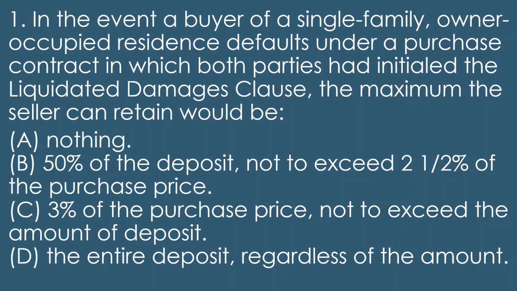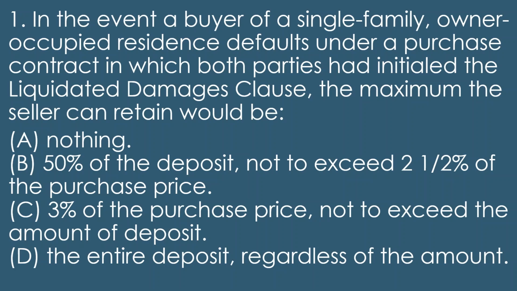Well, what do we know here in California? Well, if the liquidated damages clause is initialed by both parties in a contract of a 1 to 4 unit residential property in California, then liquidated damages is limited to 3% of the purchase price not to exceed the earnest money deposit.